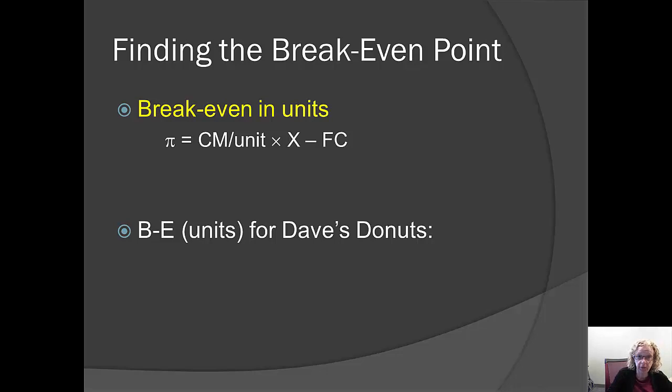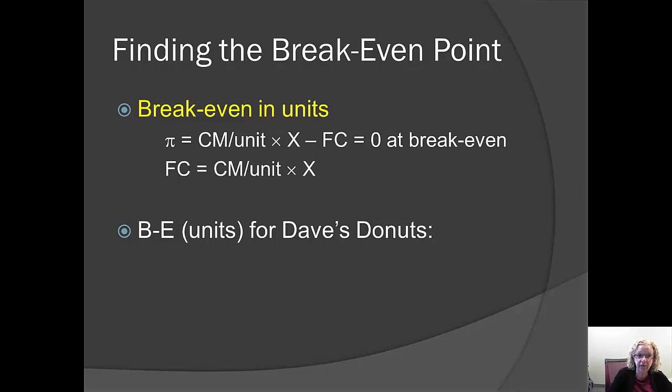Profit equals the contribution margin per unit times X, the number of units that we sold, minus all of our fixed costs. So we can solve for X because we know that our profit is going to be 0 at break even. No profit, no loss.